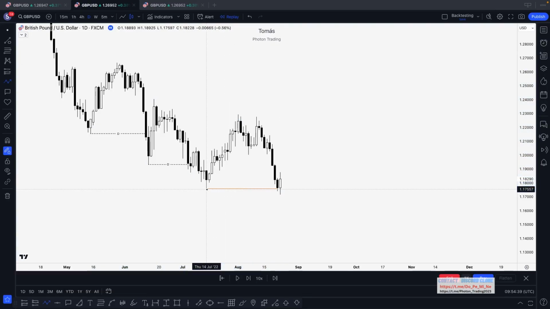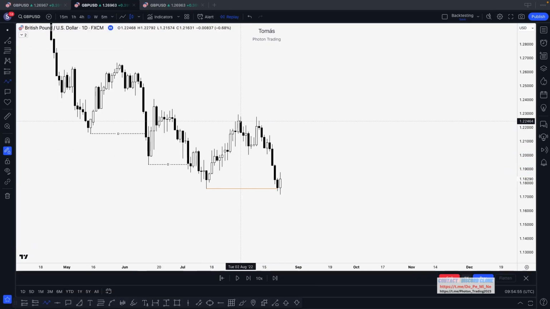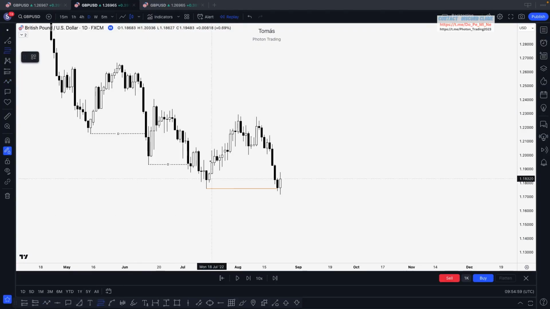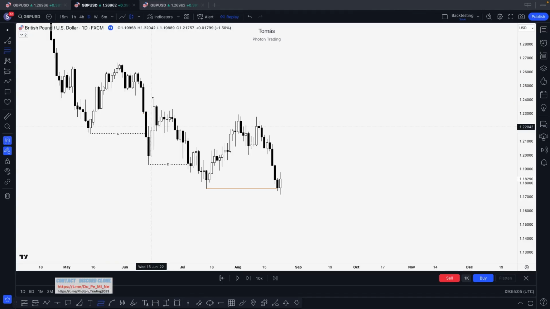What happens after the sweep of the low? We tend to have a pullback. So what can we expect? If you look left, we know that price after the daily boss and sweep of the lows, it tends to pull back. So we can expect some kind of a pullback, correct? And we also know that only once the premium prices are reached, for example, in this leg, price reached the premium, lower high, right?